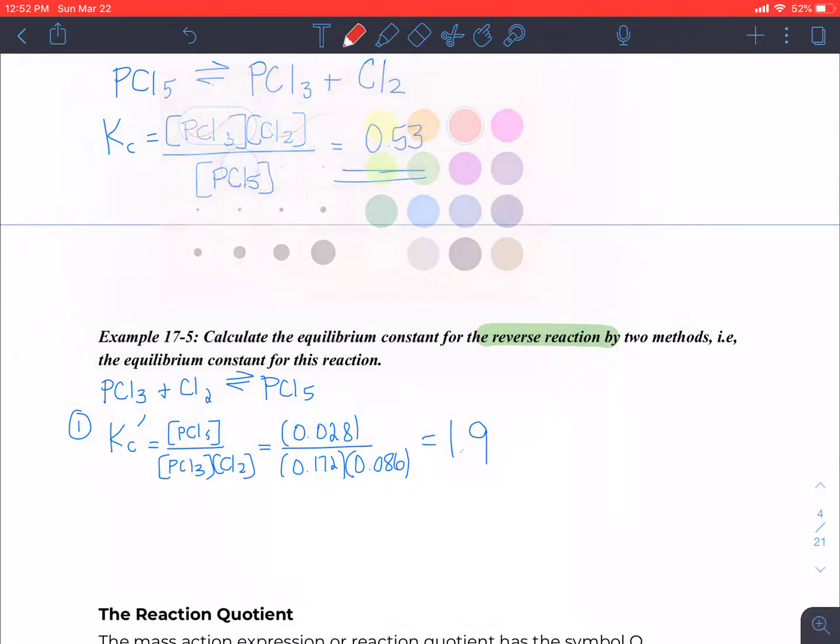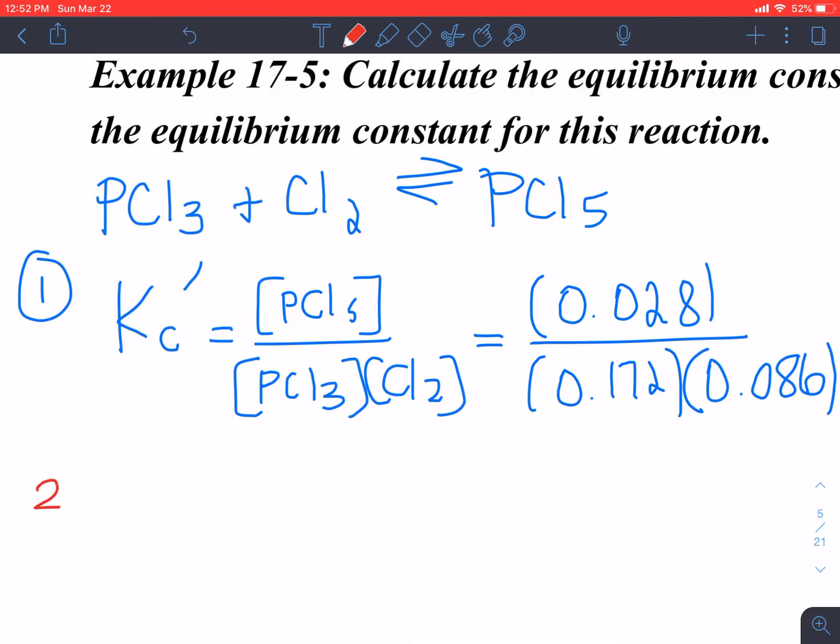Method two, however, is pretty simple. We know that Kc, our equilibrium constant for our first forward reaction, is equal to 1 over the equilibrium constant for the reverse reaction. Okay, same thing.